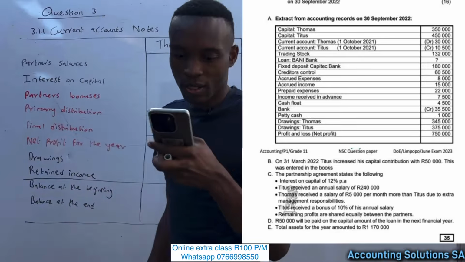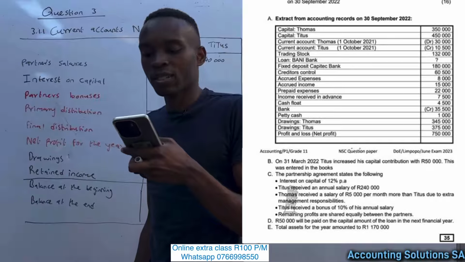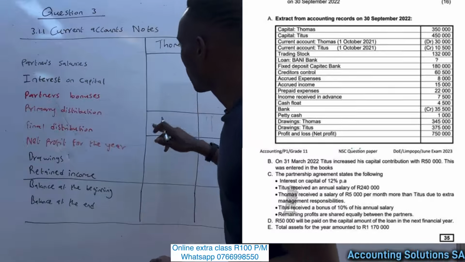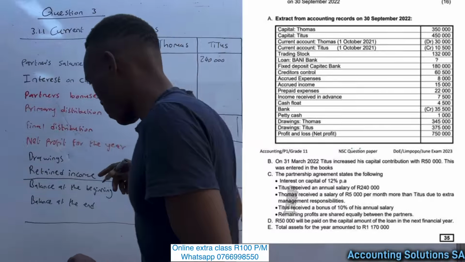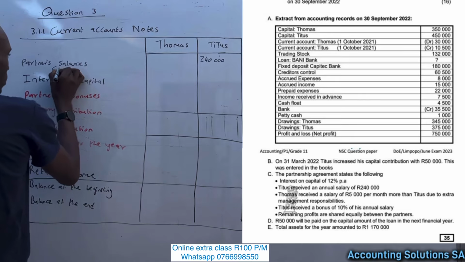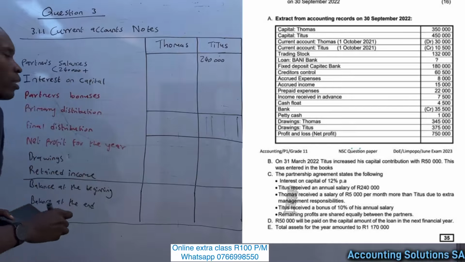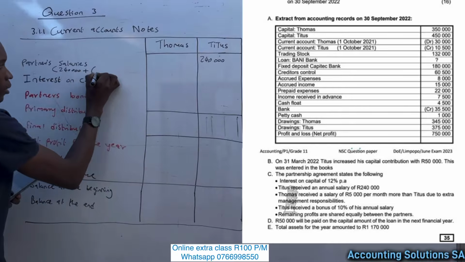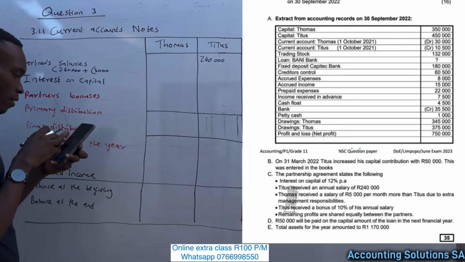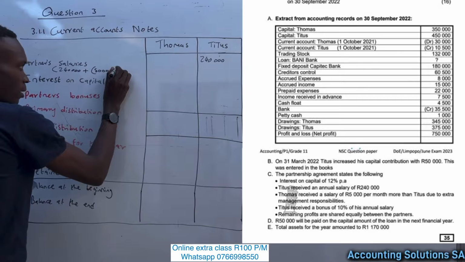Then they said Thomas received a salary of 5,000 per month more than Titus due to extra management responsibility. In other words, Thomas received 240,000 but with an extra 5,000, and this 5,000 is monthly, so you have to multiply by 12.